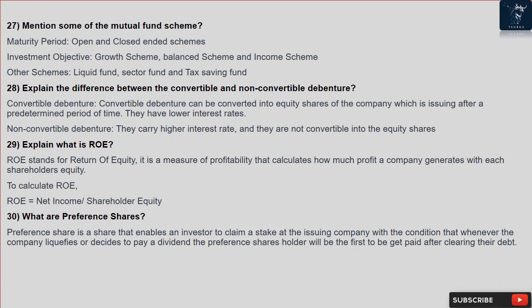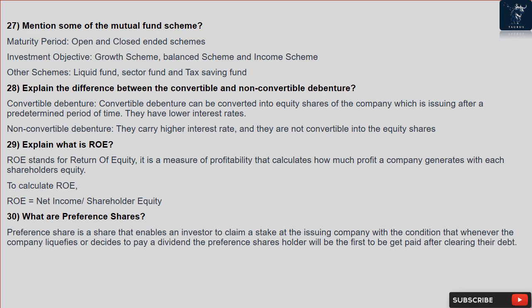27. Mention some of the mutual fund schemes. Maturity period: open and closed-ended schemes. Investment objective: growth scheme, balanced scheme, and income scheme. Other schemes: liquid fund, sector fund, and tax-saving fund. 28.